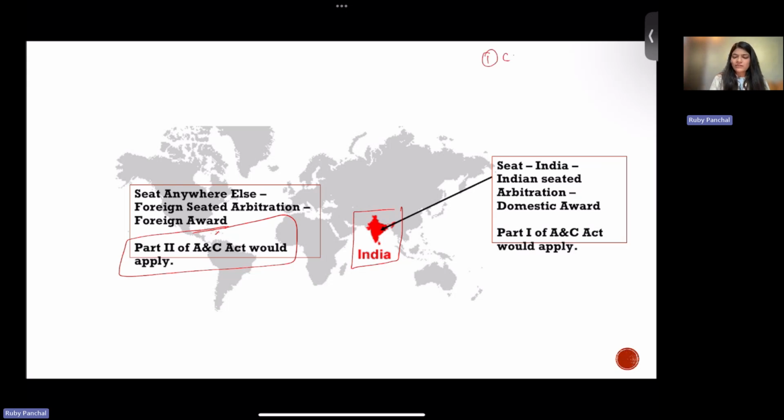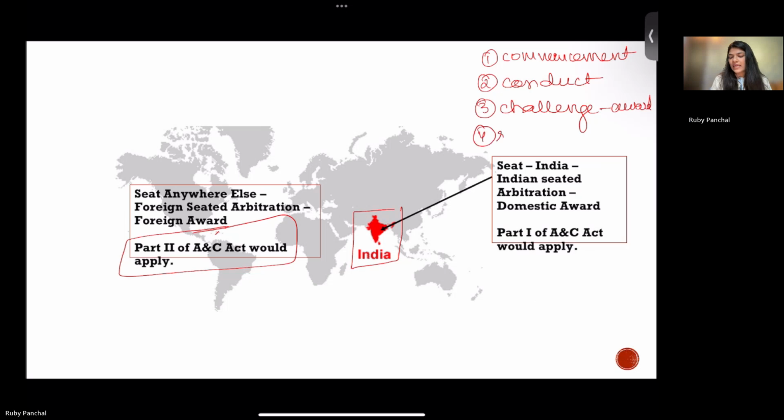And those matters are, do pardon my handwriting here, commencement of the arbitration, conduct of the arbitration, challenge of the award, and recognition and enforcement of the arbitration award.